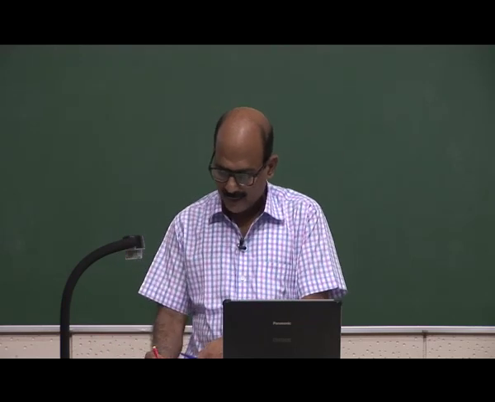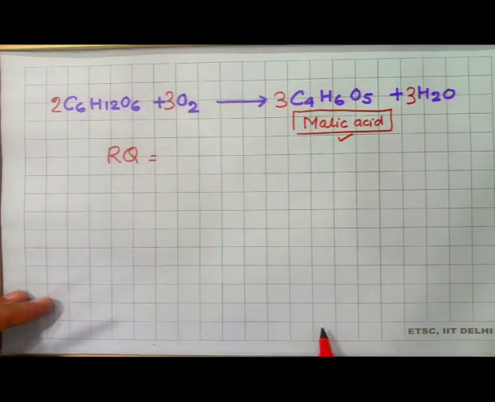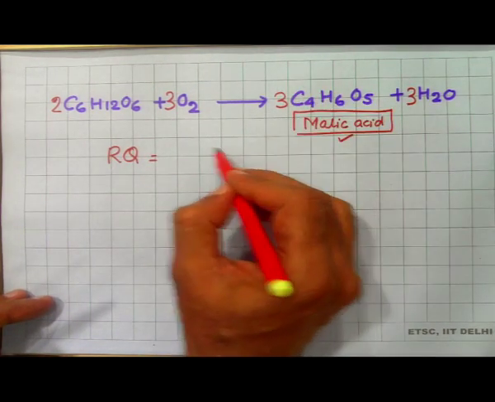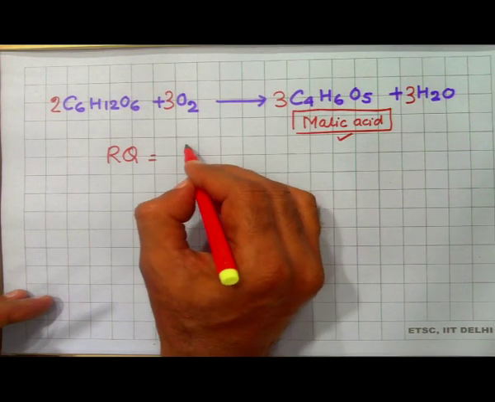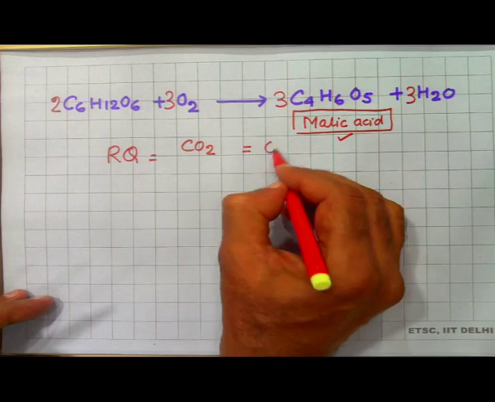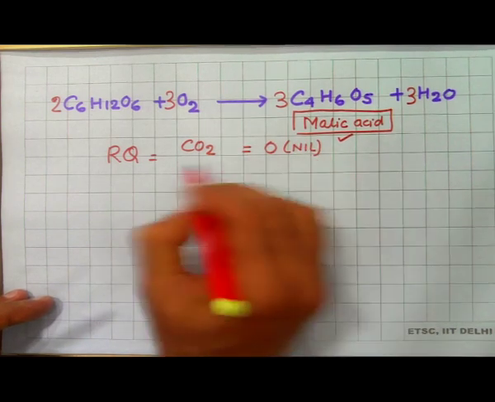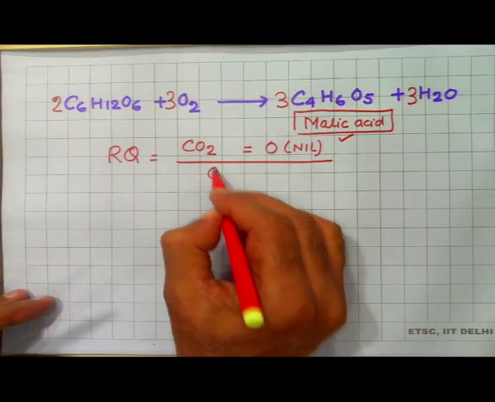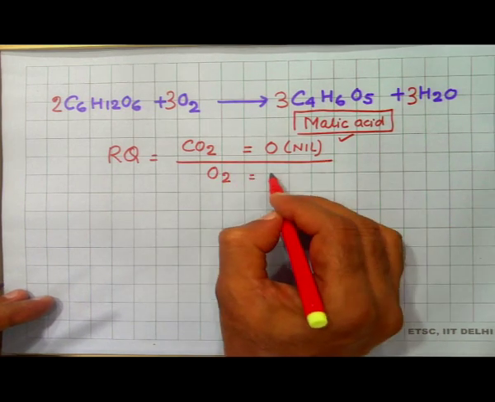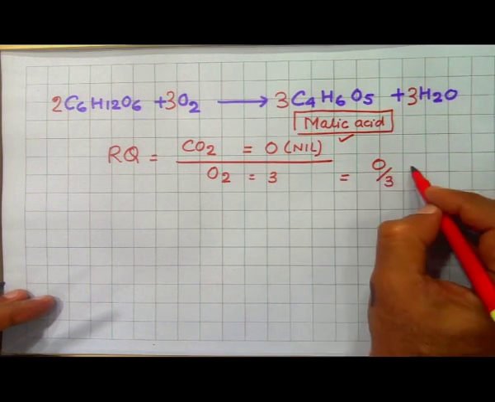Now, what will be the value of RQ here? Here no carbon dioxide, so carbon dioxide is 0 or nil, and oxygen consumed is 3. It means 0 divided by 3, it means 0.